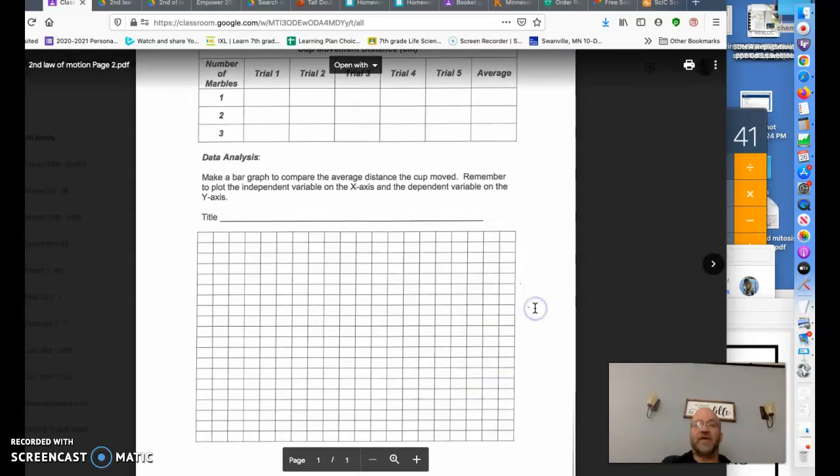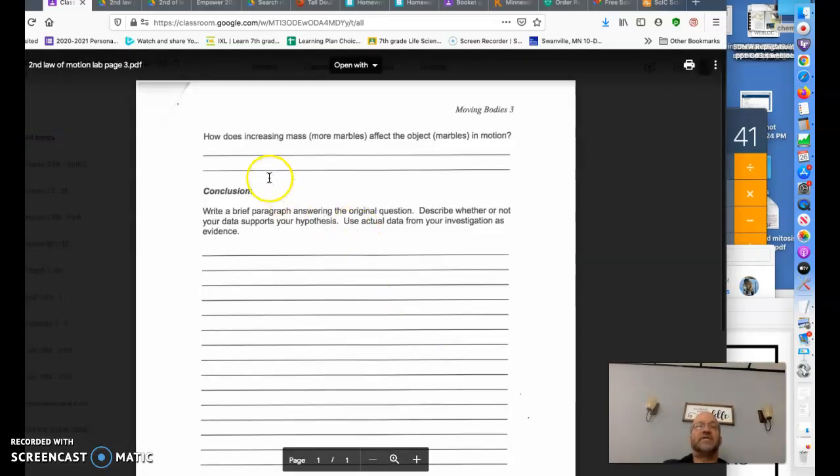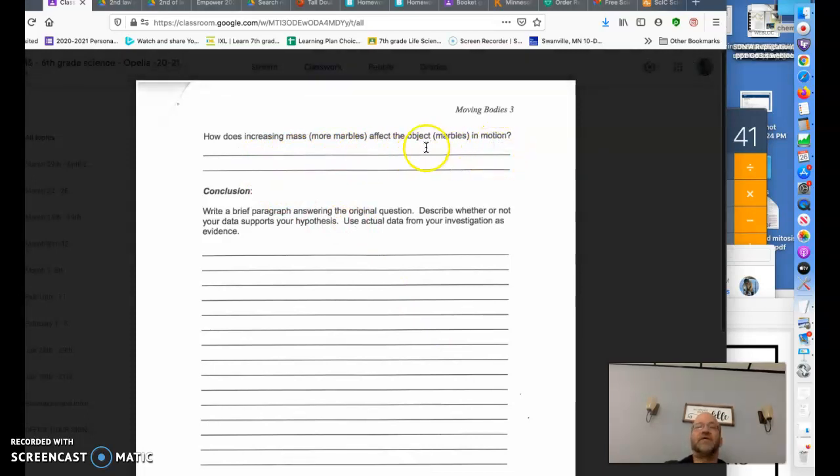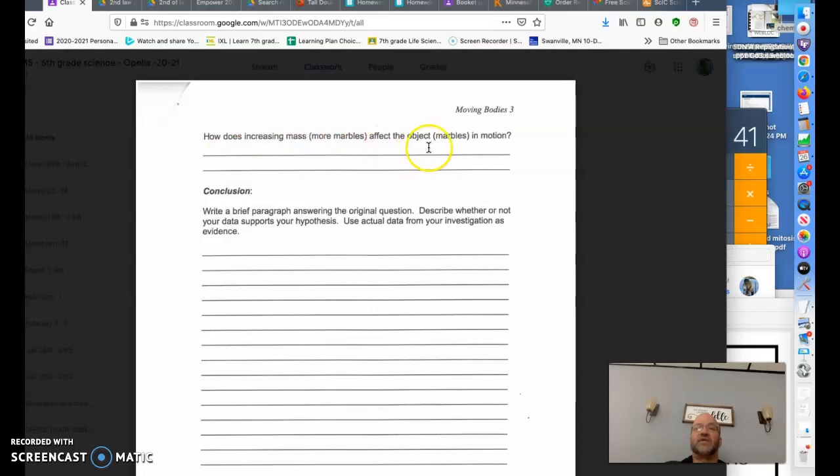So that's how you do that one. And I'm going to go to the next and last one. And this says, how does increasing the mass or more marbles affect the object, the cup, in motion? So how does increasing from 1 marble to 2 to 3 affect the object's motion?